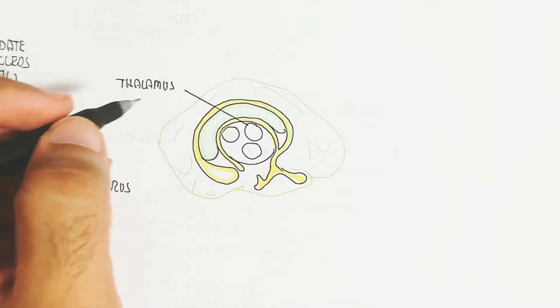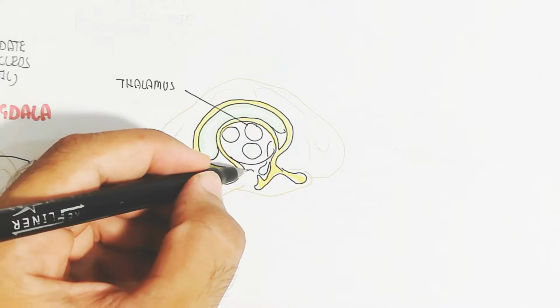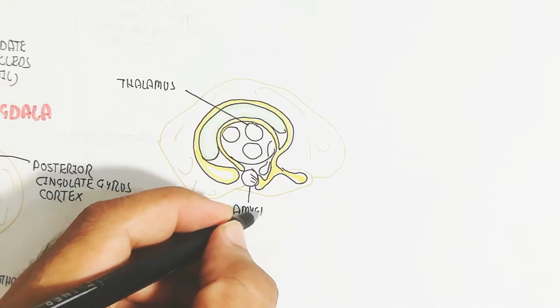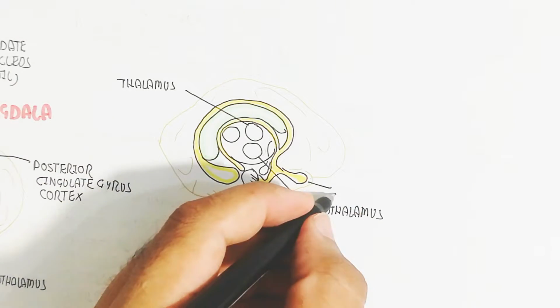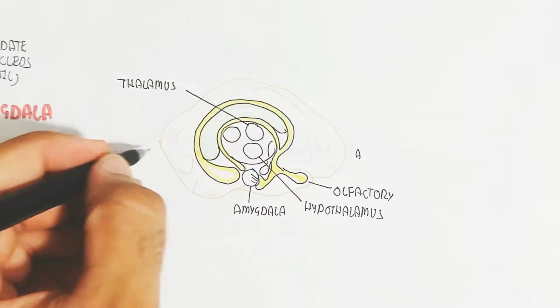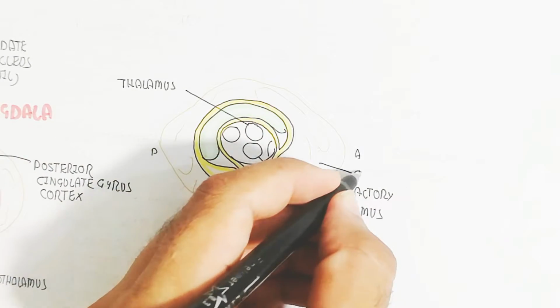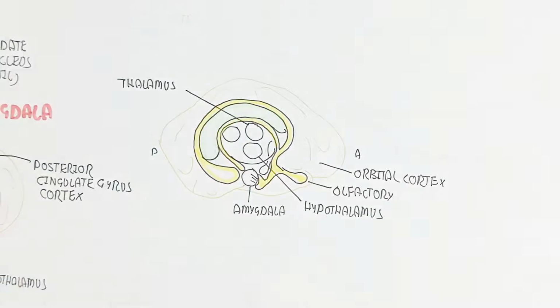Here I am drawing again. The thalamus is also an input, the stria as well, and here is the hippocampus, and this is the olfactory bulb, because this is the anterior and this the posterior view.